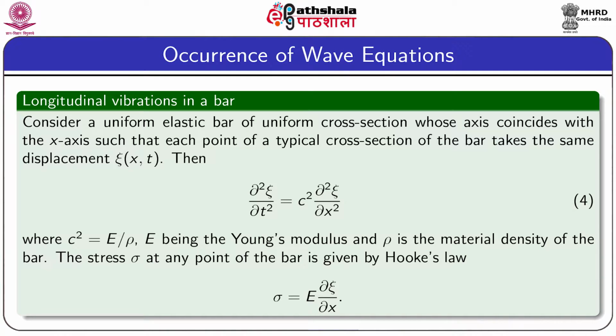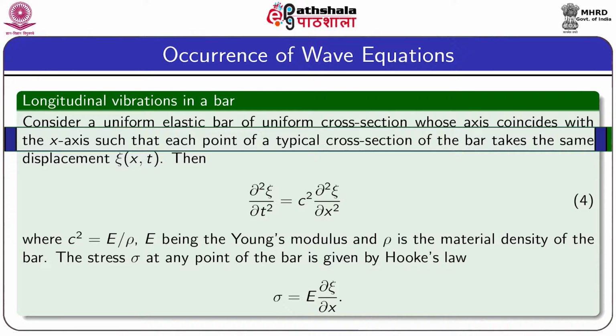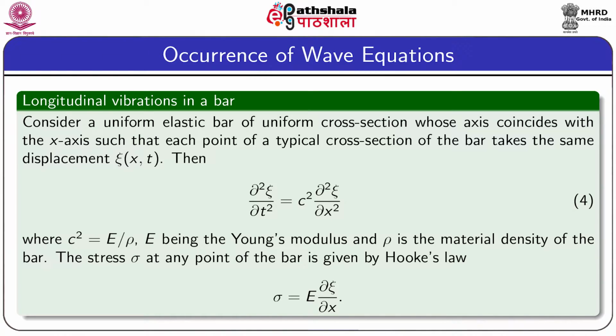Now I shall discuss another problem in physics where we are interested in finding the longitudinal vibration in a bar. For that, we consider a uniform elastic bar of uniform cross section whose axis coincides with the x axis such that each point of a typical cross section of the bar takes the same displacement xi.